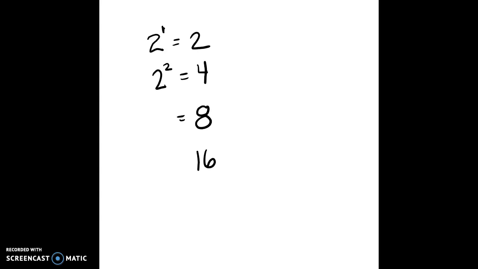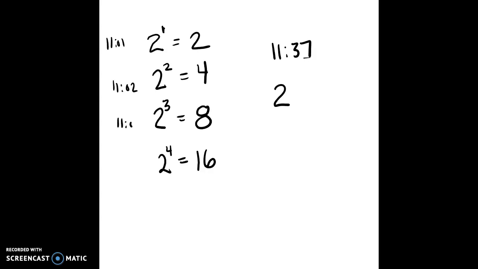So the pattern that is developing here is you take the base of 2 and you raise it to the number of minutes after 11 a.m. And so at 11:37 is what the problem says. So it's going to follow this exponential pattern. At 11:37, that would be 37 minutes after 11. This is 11:01. This is 11:02.